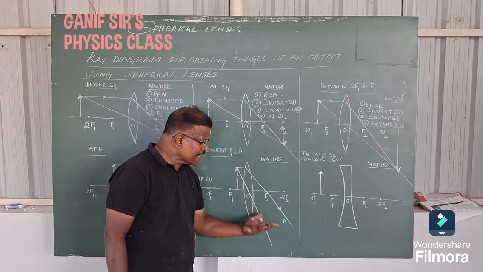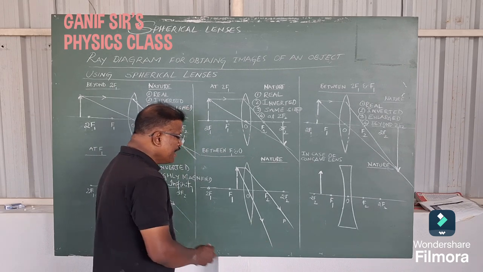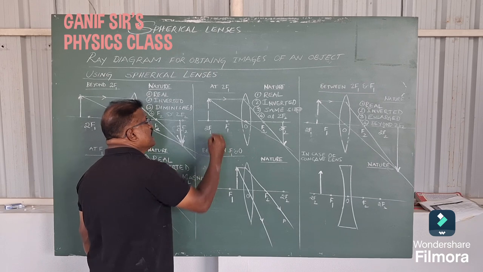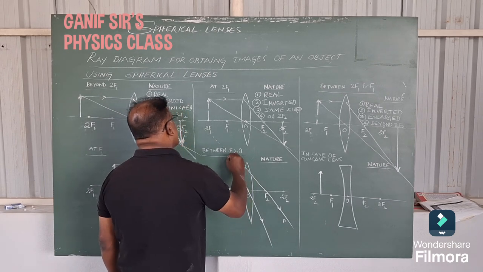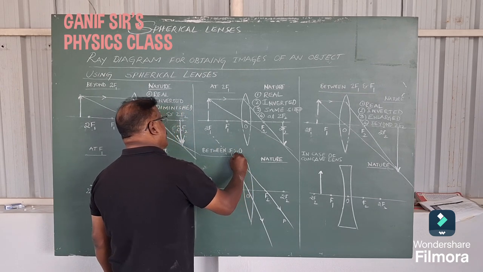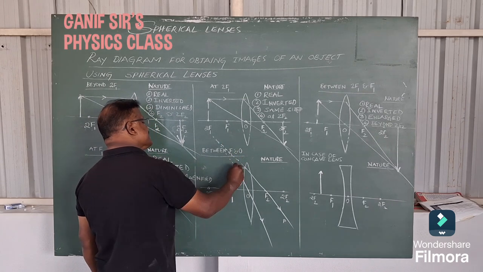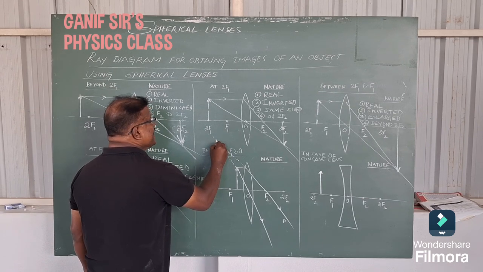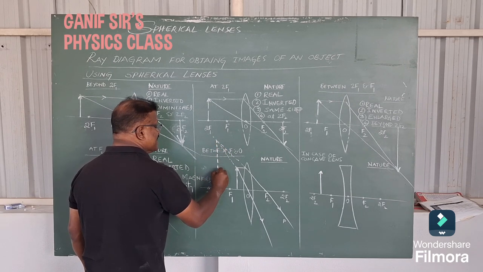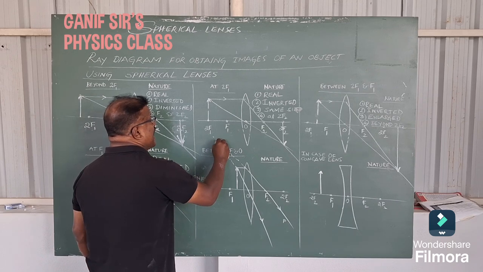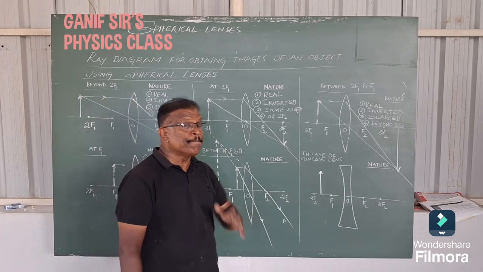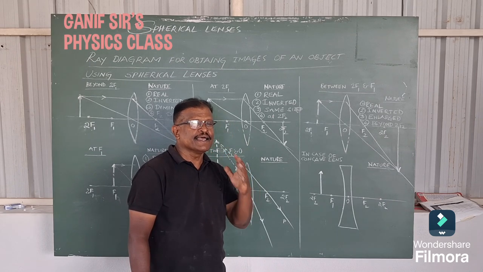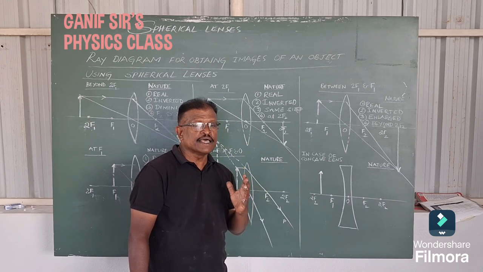Of course, a real image cannot be formed, but these two rays appear to have come from somewhere at this point, and it appears the image has been formed. This formation of image is perceived by the human eye because the eye has a live screen called the retina.